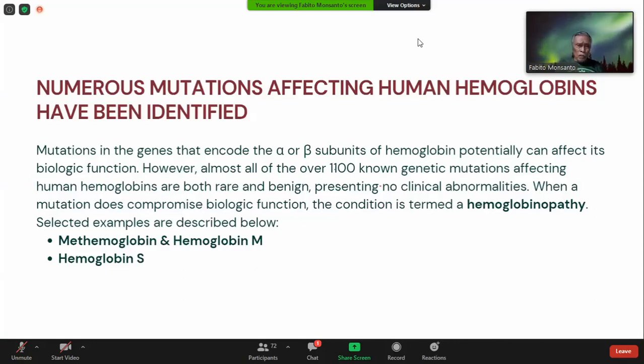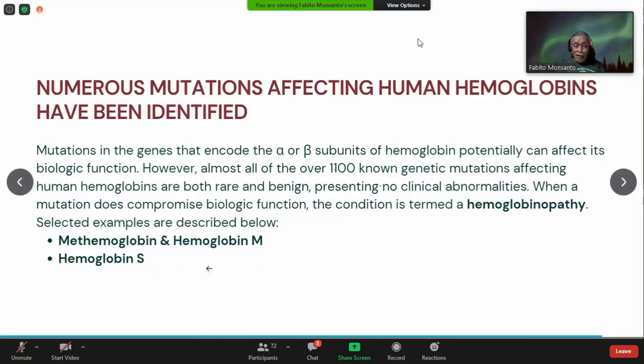What's the opposite of anemia? Polycythemia vera. Very good. Polycythemia. That's what you get when you are in the high mountain, staying there for a long time. So, more common is hemoglobin S, or sickle cell anemia.